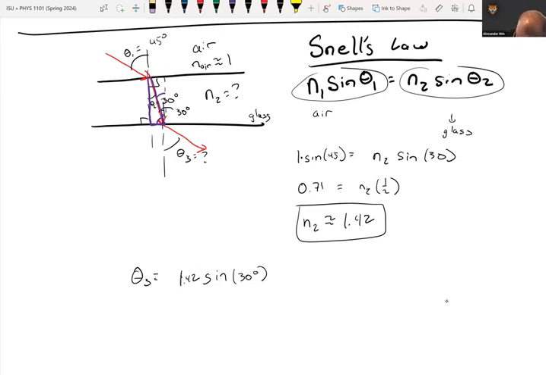All right, so theta 3. So n1 sine theta 3, because n1 is still just air. So sine theta 3. And when you do this, theta 3 ends up being the arc sine, because n1 is just 1, of 1.42 times sine of 30 degrees.